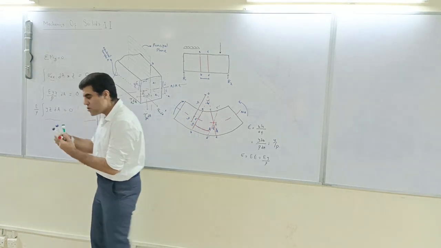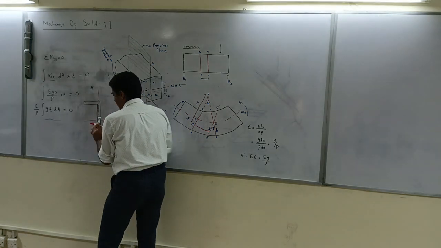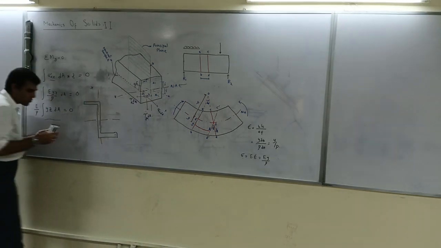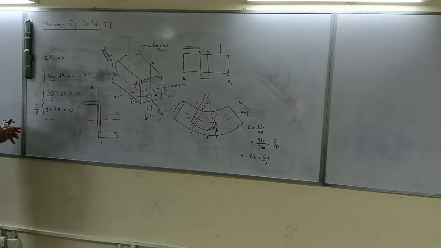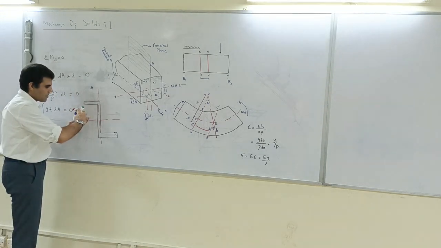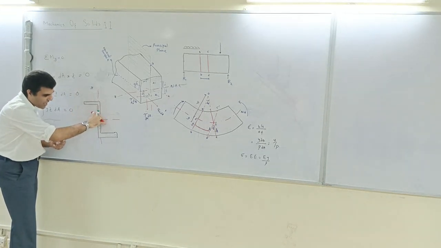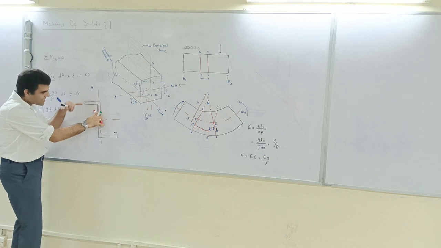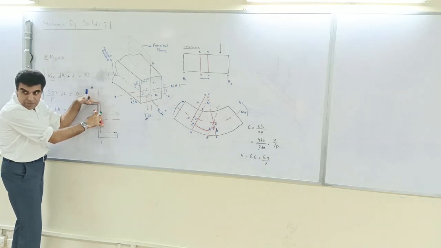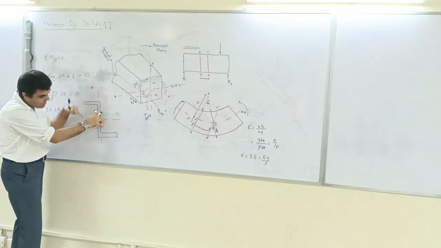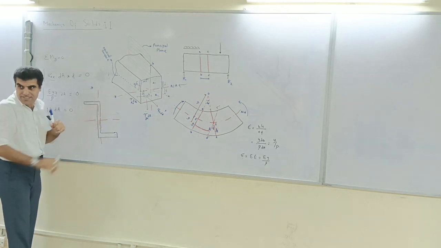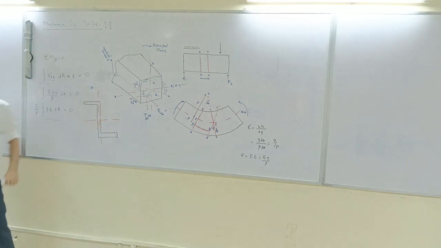So you have to rotate this axis in such a way that you take an element over there and that has got a mirror element over there with y and z.